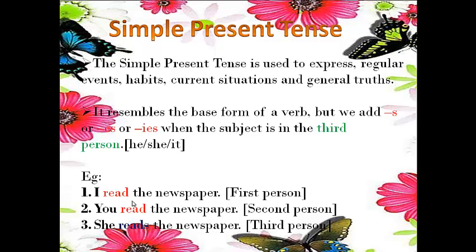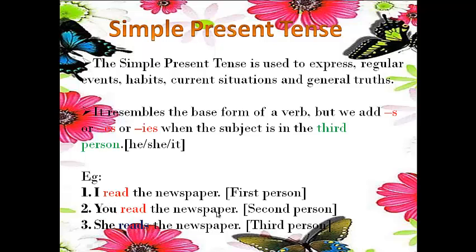I read the newspaper. Here you can see the subject I. It is first person. So, the base form of a verb will not change. Read. You read the newspaper. The subject is in second person, which means you.